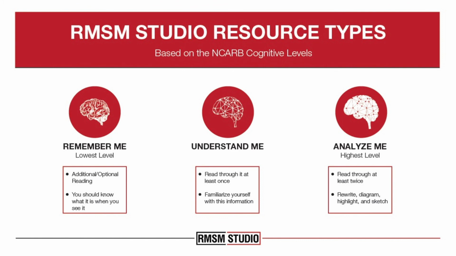So maybe you read about it, then you watch a video about it, then you listen to an audio lecture about it. An example I would give for this one would be the A201, the General Conditions of the Contract, very important for a lot of the ARE practice exams, or the B101, for example, where you should have read through it multiple times and you should have a thorough understanding of what each clause or each article of that contract means.